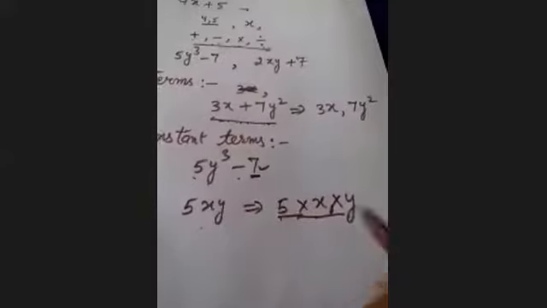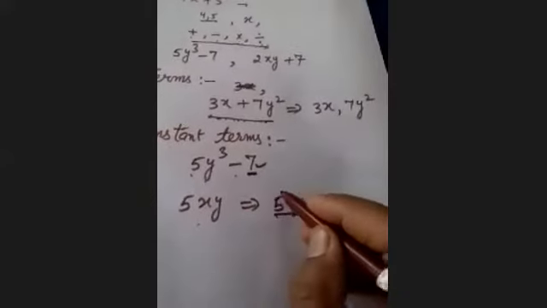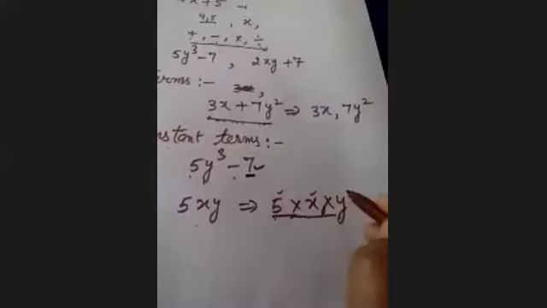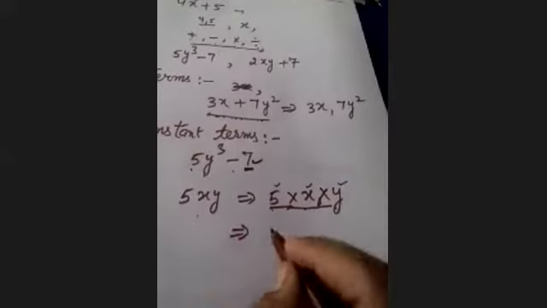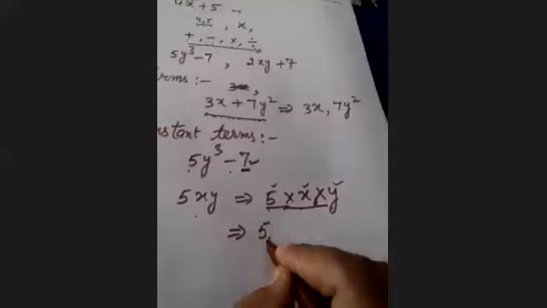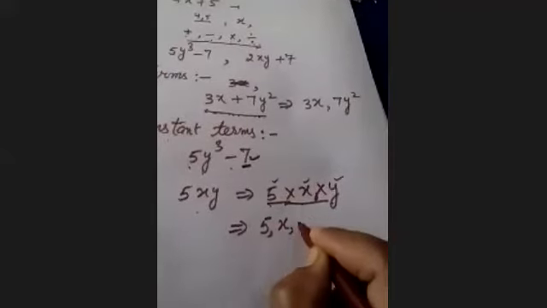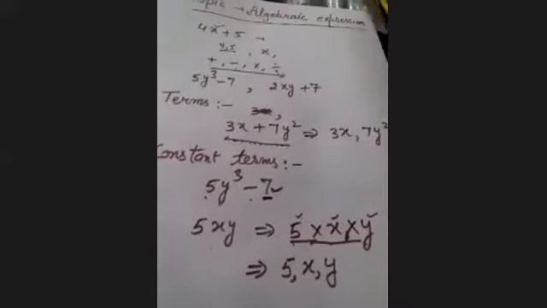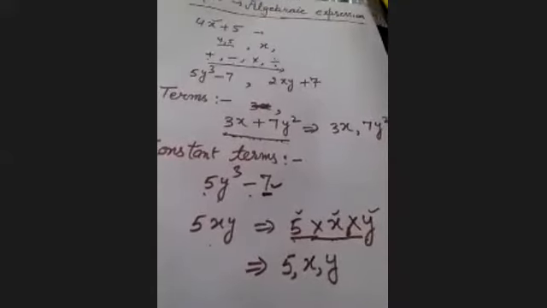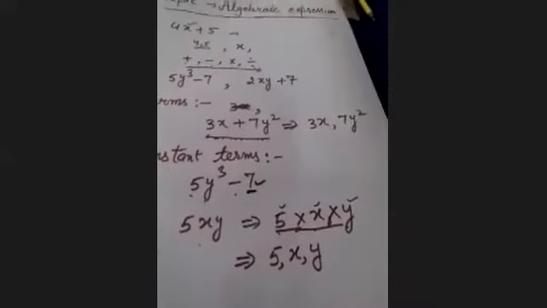Each part of a term which is multiplied with the others is known as a factor. So the factors of this term are 5, x and y. Clear, students?